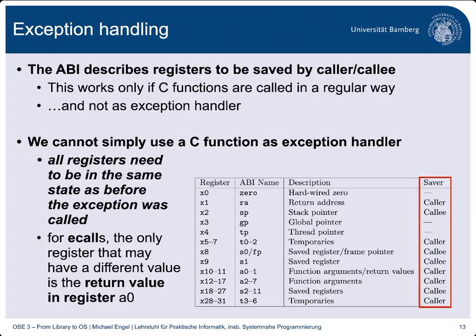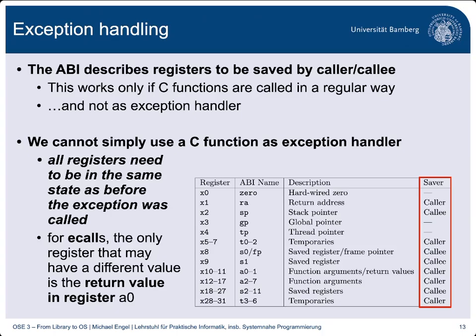So we have an invariant here: all of the CPU registers need to be in the same state after returning from a system call or exception as they were before. So before I called the eCall or before I accidentally divided by 0.